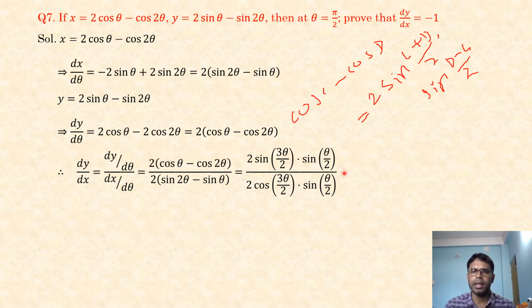So here sin theta by 2 and sin theta by 2, these two terms are cancelled, 2 থাকিল, sin by cos is tan 3 theta by 2. তো মই এইটো ফাইনাল আনচাৰ পালো: tan 3 theta by 2, dy/dx is equal to tan 3 theta by 2.